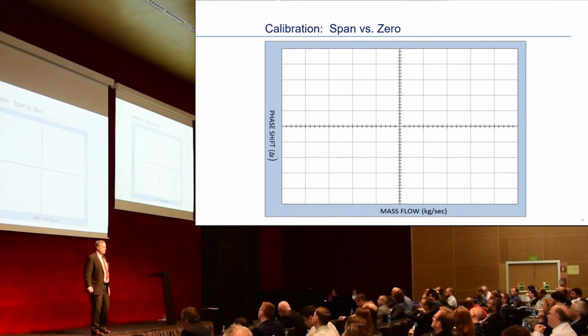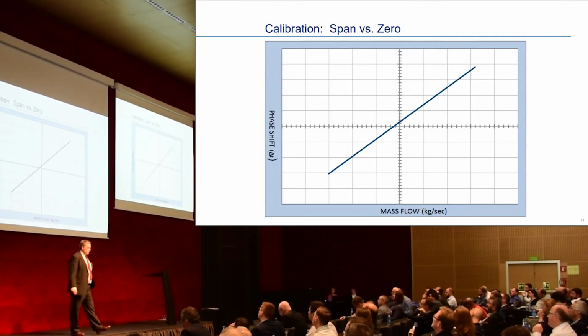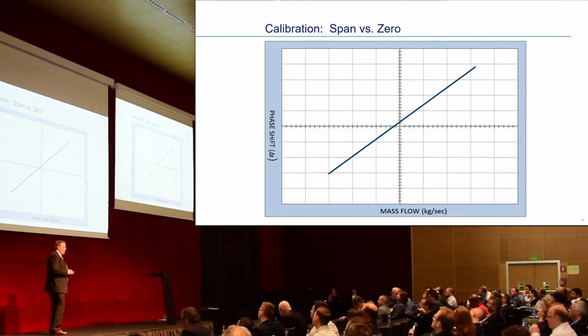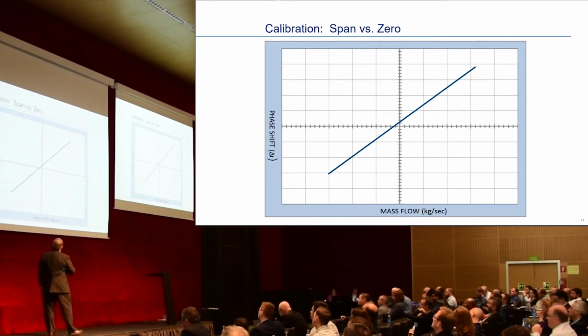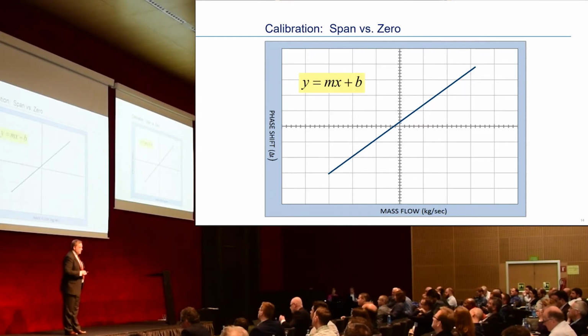Moving on to calibration, there are two things that we calibrate with Coriolis meters, just like almost every other type of flow metering device, and that's span and zero. This shows the relationship between mass flow rate and phase shift, being the shift between the sine waves that we measured with the pickoff coils, and it's typically a very straight line. Coriolis meters are known for being quite linear in this regard.